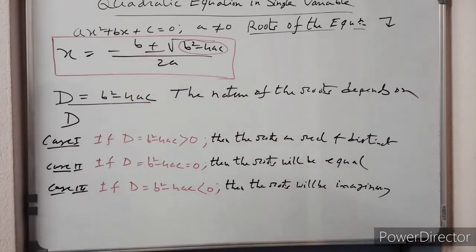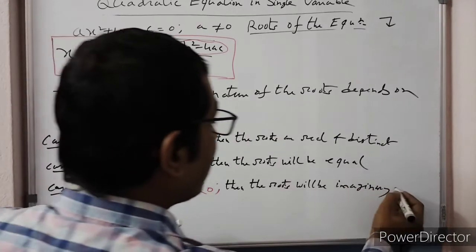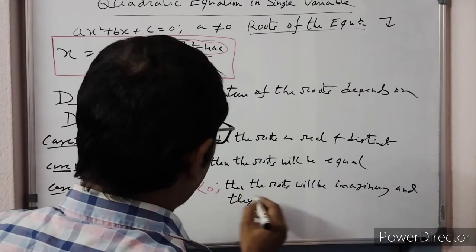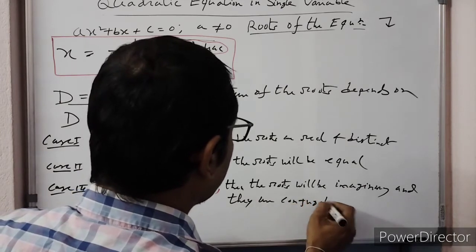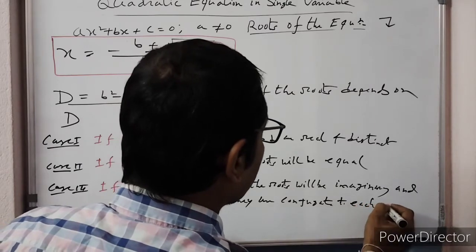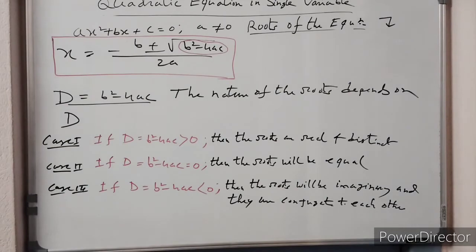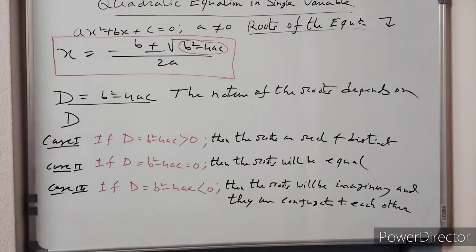The roots will be imaginary, and they are conjugate to each other. How are they conjugate to each other?